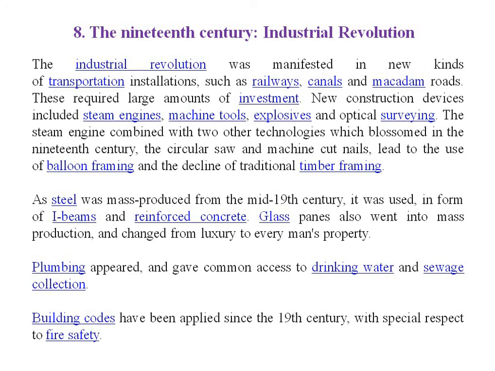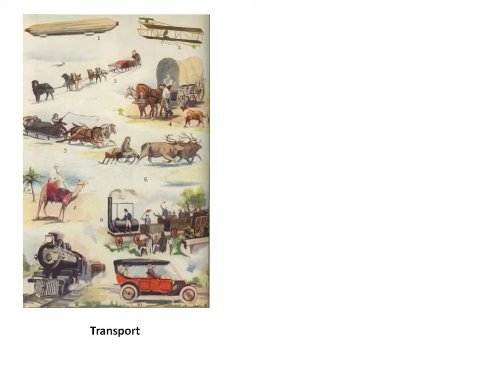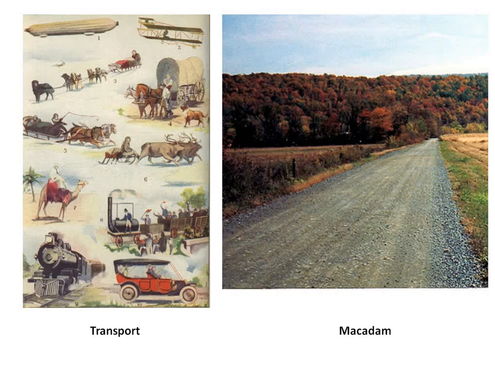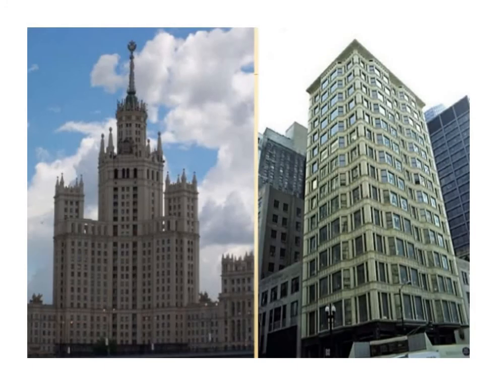Building codes have been applied since the 19th century with special respect to fire safety. This was the transportation used. You can see in picture number 1. This is the macadam used for the building of roads. These were some of the examples of the buildings built in the 19th century.